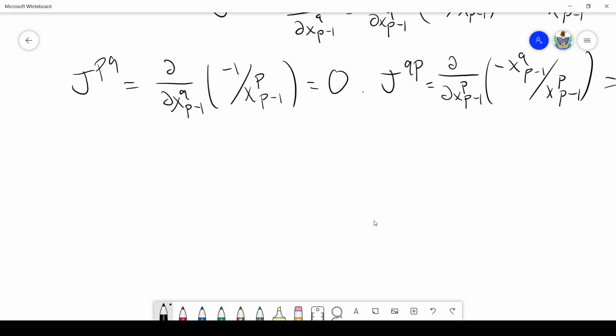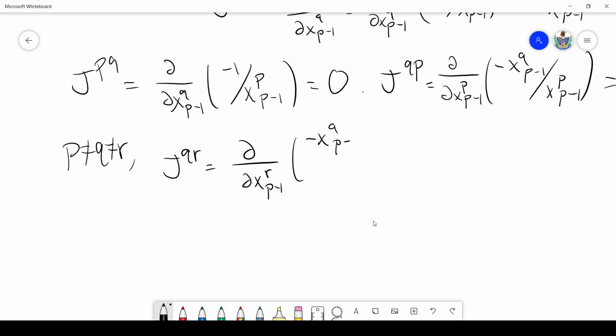Finally, if we have p not equal to q not equal to r, then J_qr is going to be the derivative with respect to x_rp minus 1 of x_qp, which is negative x_qp minus 1 over x_pp minus 1. And clearly this is just 0, since all these variables are different.